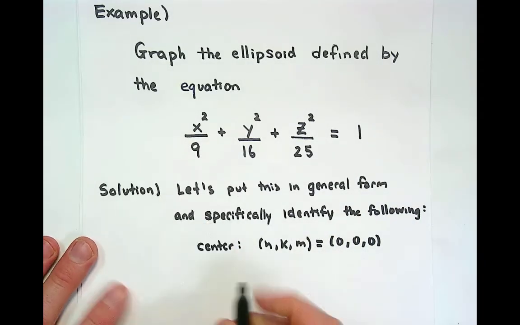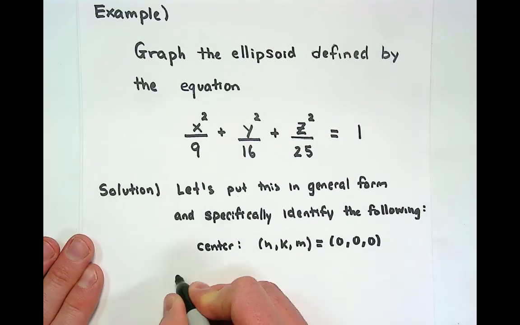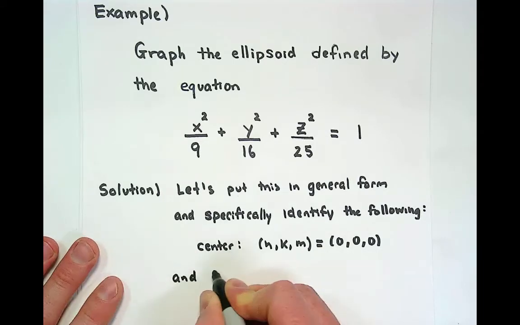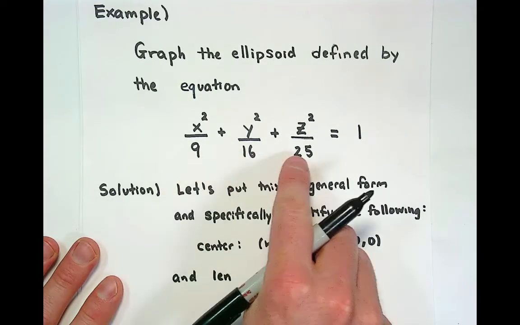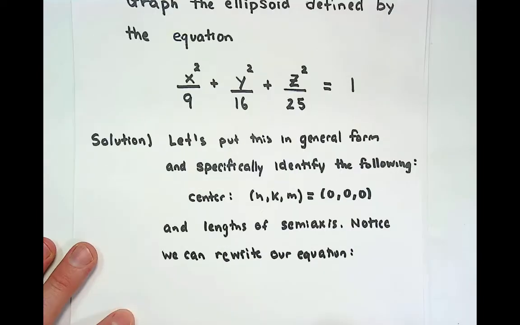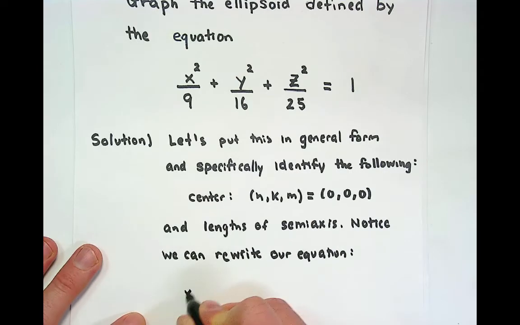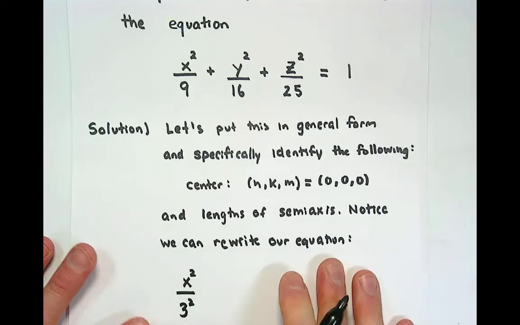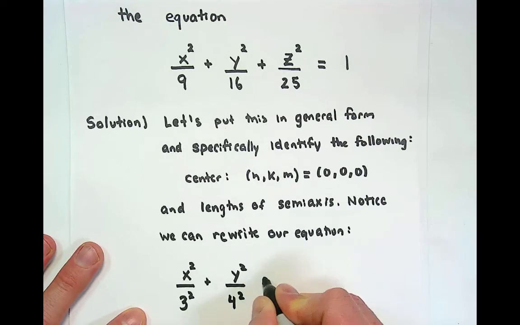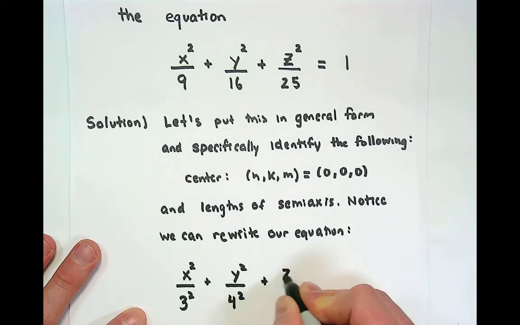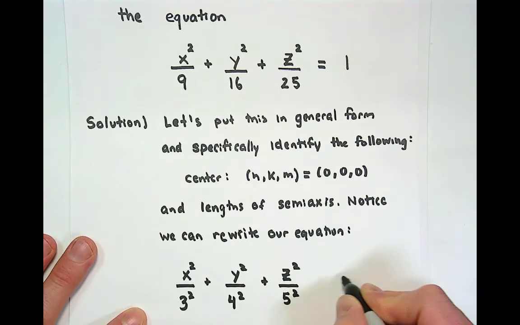We can also see that the lengths of the semi-axes are given by the square roots of the denominators. We can see this by rewriting our equation as x squared divided by 3 squared plus y squared divided by 4 squared plus z squared divided by 5 squared.